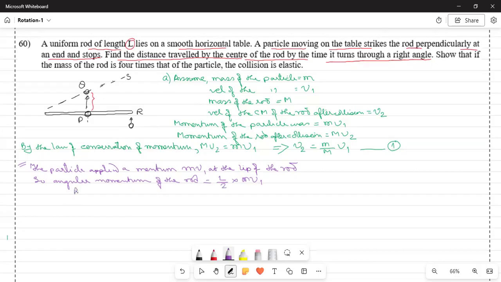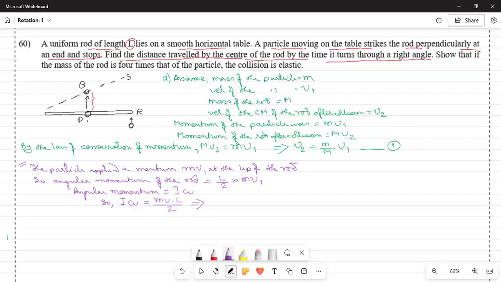That's right. Angular momentum is equal to moment of inertia I multiplied by omega. So what do we get? I omega is equal to m v1 L by 2.